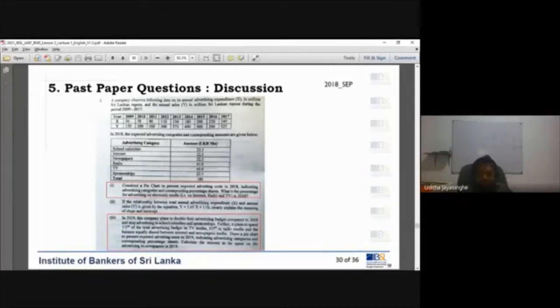And further, there are some more. Stop advertising in school calendars and sponsorships. These two components will be gone. These 22.5 items will be gone. Further, it plans to spend 1/3 of total advertising budget on TV media. That means approximately 120.